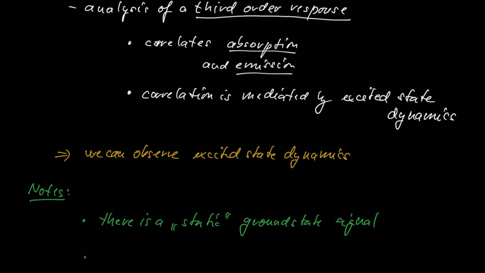And of course, the emission of the signal has an arbitrary phase in our measurement, but it has both components. It has the phase that corresponds to absorption of some signal, and also to an emission of signal.